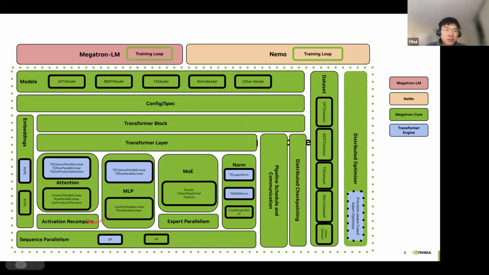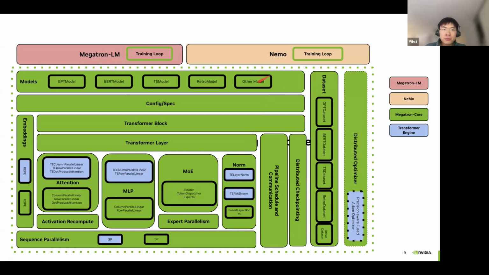Inside the transformer layers, the attention is accelerated with all kinds of parallelism, including pipeline parallel, tensor parallel, and the MoEs are also accelerated. This is what we are primarily talking about today, Megatron Core MoE.